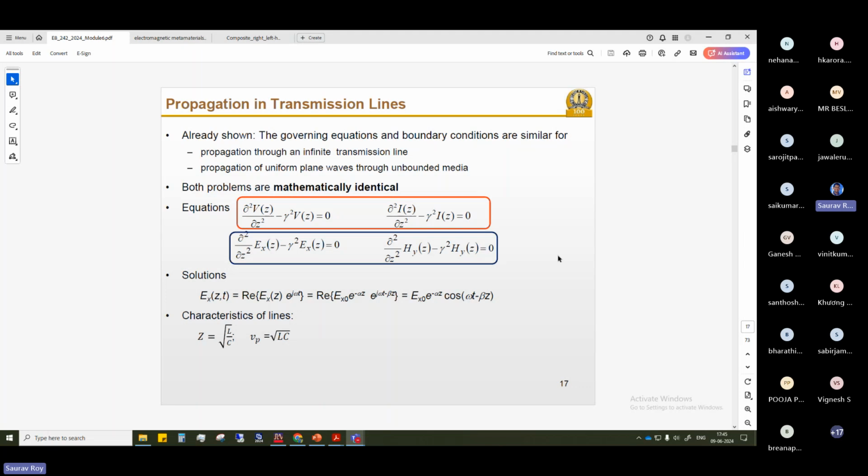Do you know any example where permittivity is negative? Any material which gives negative permittivity? It is there. Actually, it exists.